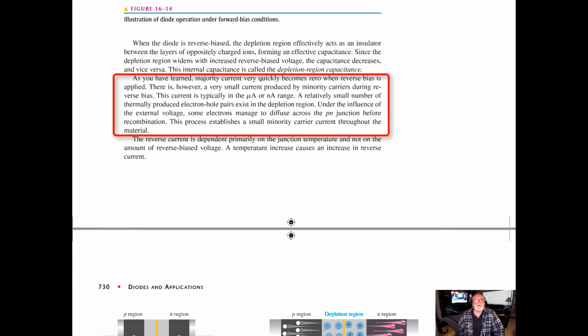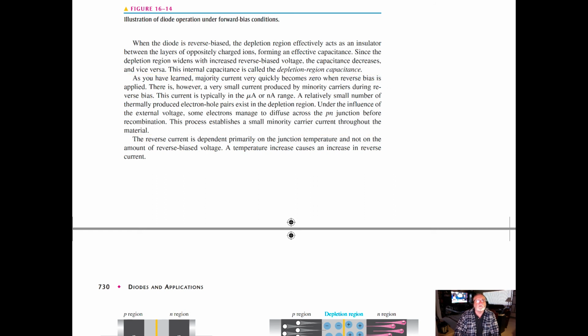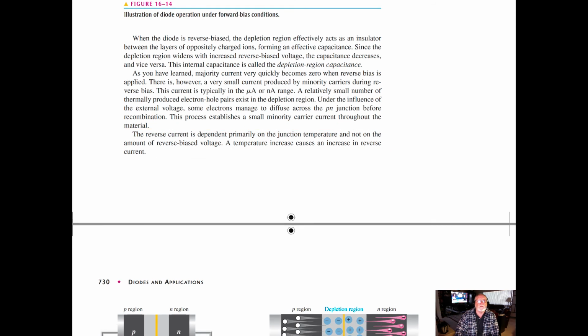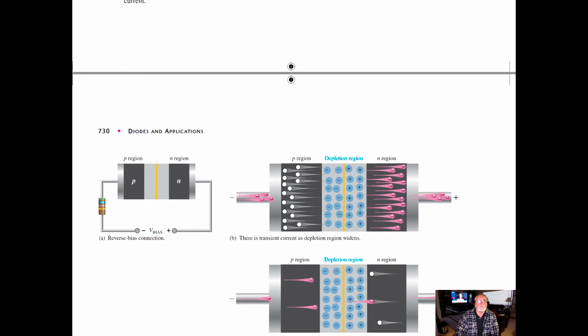Under the influence of an external voltage, some electrons manage to diffuse across the p-n junction before recombination. This process establishes a small minority carrier current throughout the material. The reverse current is dependent primarily on the junction temperature and not on the amount of reverse bias voltage. A temperature increase causes an increase in reverse current.